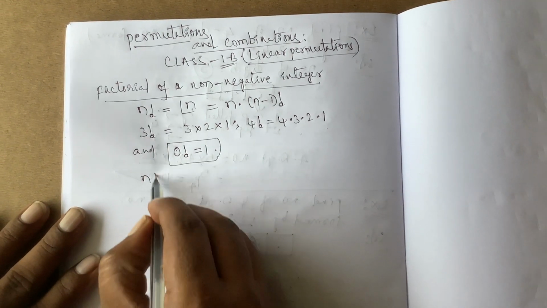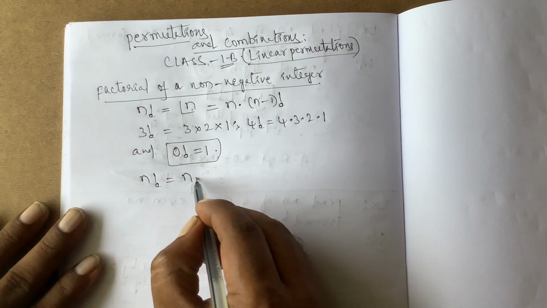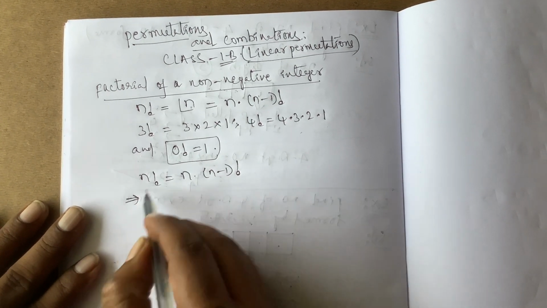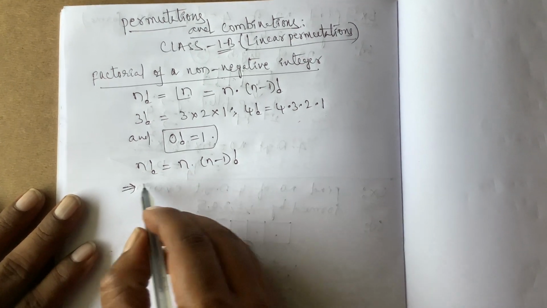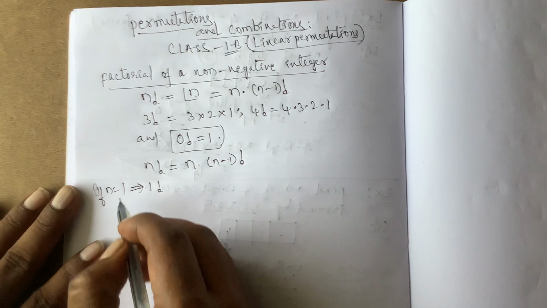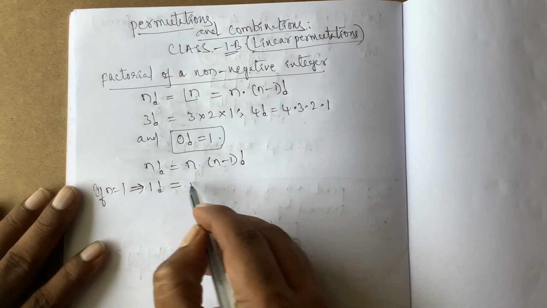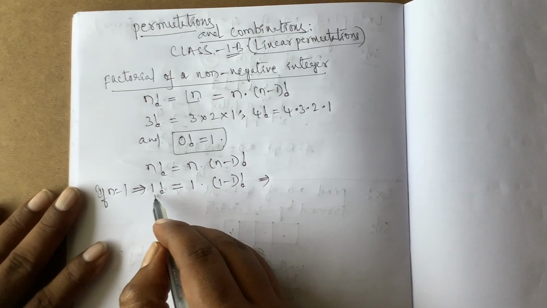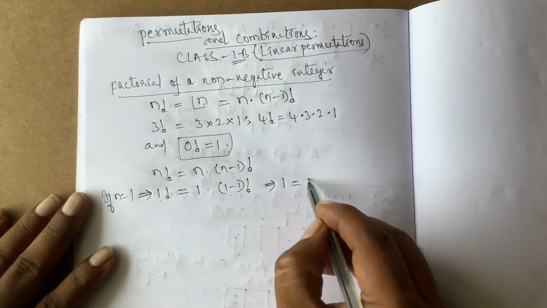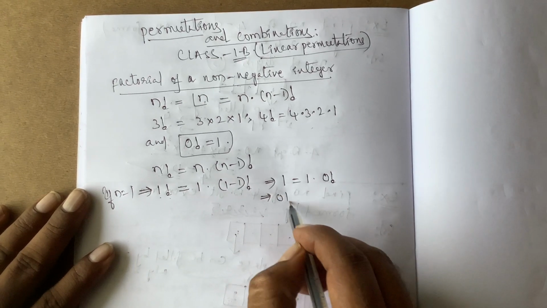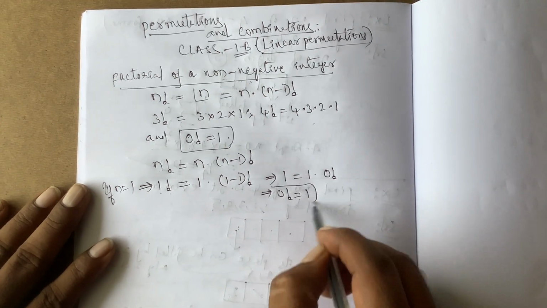Here n factorial is equal to n into (n minus 1) factorial. So if I replace n equal to 1, then 1 factorial equals 1 into (1 minus 1) factorial, so 1 equals 1 into 0 factorial, which means 0 factorial equals 1.